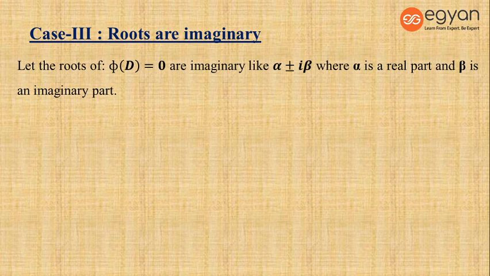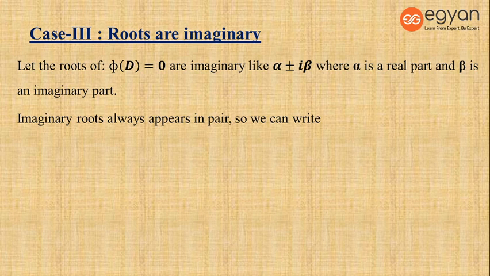You should know that imaginary roots always appear in pairs, plus or minus. That means plus i beta is one root and minus i beta is the second root. So we can write separately the first root as m1 equal to alpha plus i beta and the second as m2 equal to alpha minus i beta.